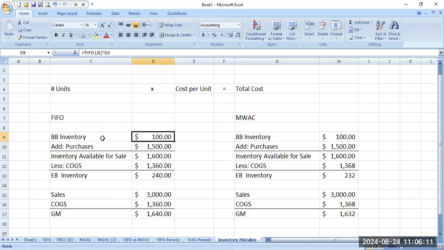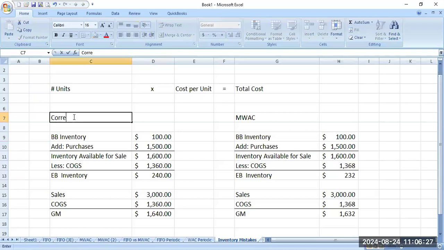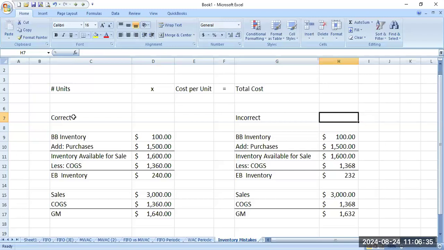What we have here is beginning inventory, purchases, and inventory. This is the correct information. Let's label this correct, and let's label this incorrect, with the inventory overstated.